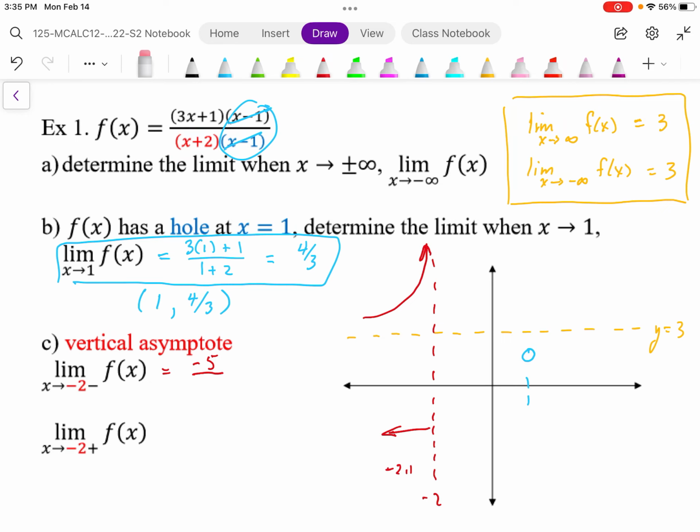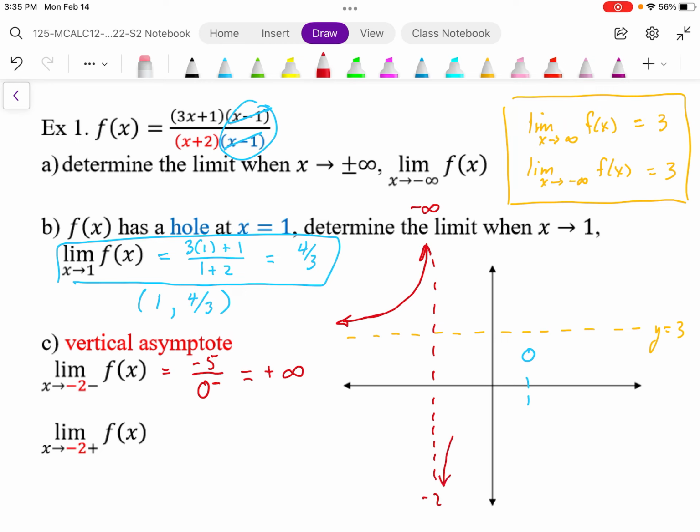And so what ends up happening is I'm approaching 0 from the negative side. So I say I'm dividing by negative 0. The fact I'm dividing by 0 is going to give me infinity, and the direction is based on the numerator sign of negative and denominator sign dividing by negative. Well, negative divided by negative is positive. So we can see that from the left-hand side, I'm approaching positive infinity.